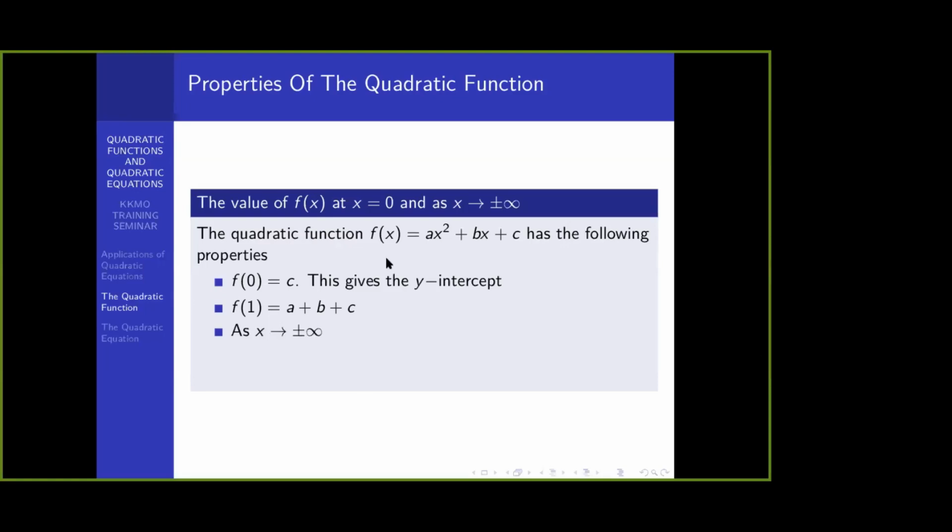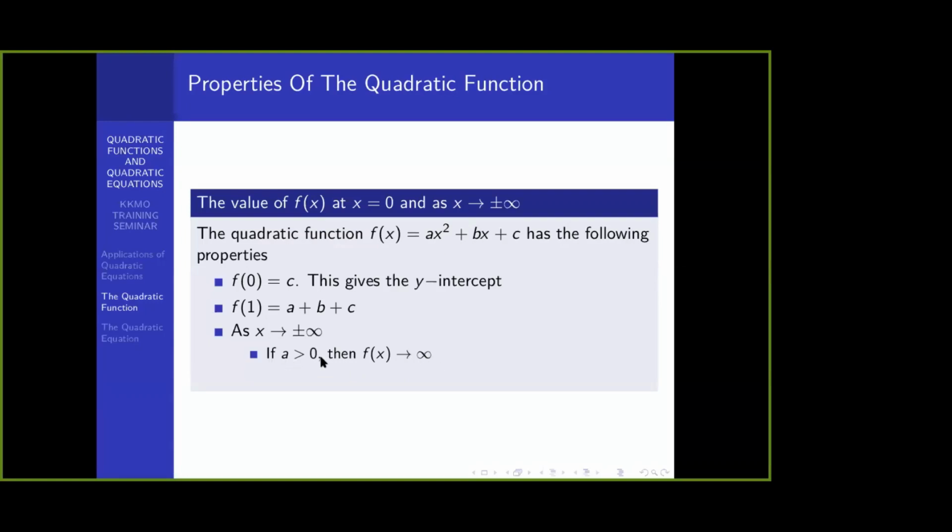Now, as the value of x becomes increasingly large and positive, or large and negative, the behavior of the function is determined by two cases. If a is greater than 0, and x is becoming large and positive, this term here will be very large and positive, and it will outgrow the last two, so that the whole function will become large and positive.